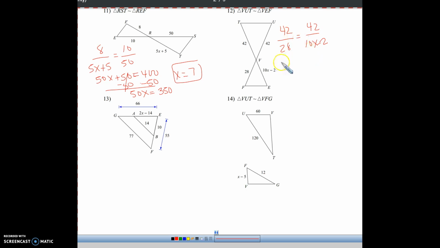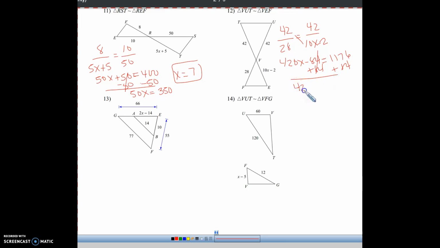So distribute the 42 to this expression, and we are going to get 420x minus 84 equals 1,176. So we'll add the 84 over.